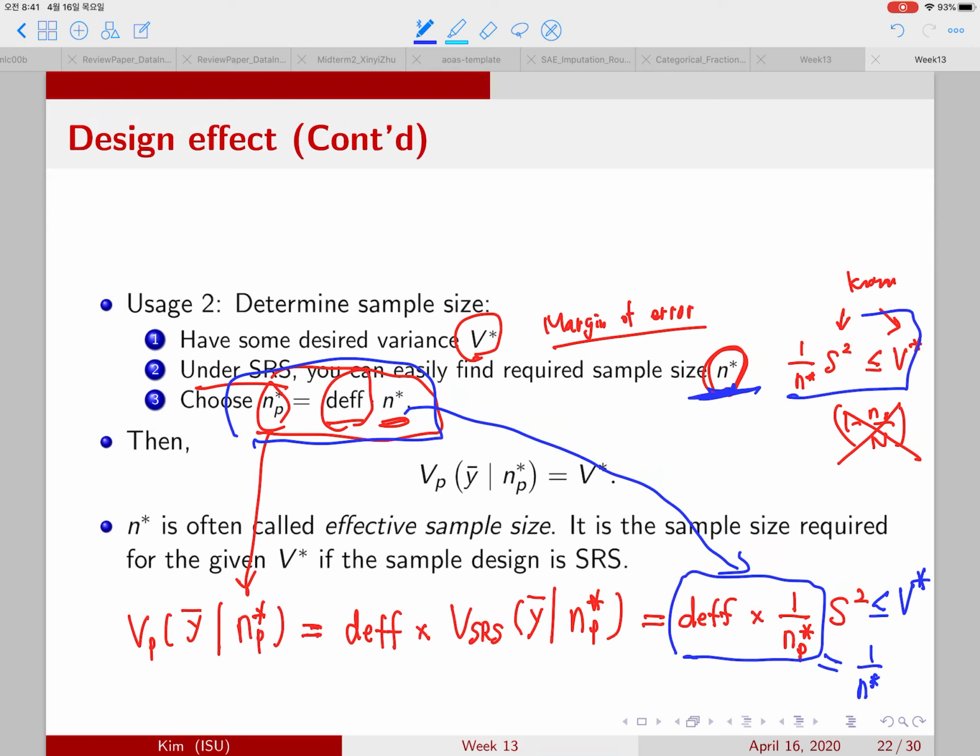That means we have a design that satisfies the target variance.